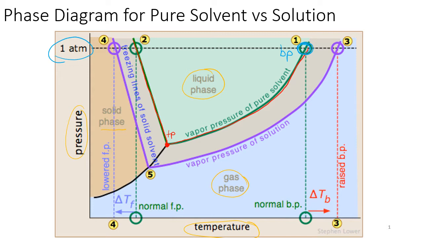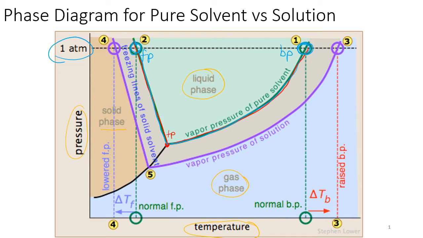Really anywhere along that liquid-gas equilibrium line at different pressures could represent other boiling points for that pure solvent. And where the liquid-solid phase boundary line crosses 1 atmosphere, this point would represent our freezing point of our pure solvent at 1 atmosphere of pressure.